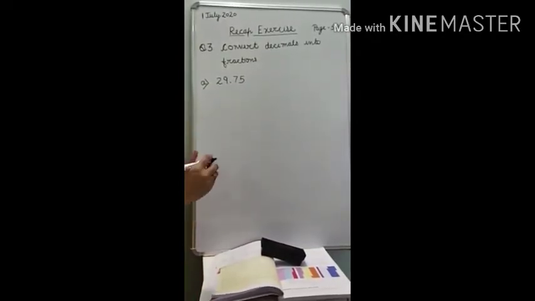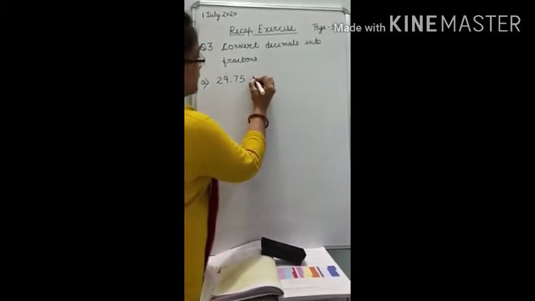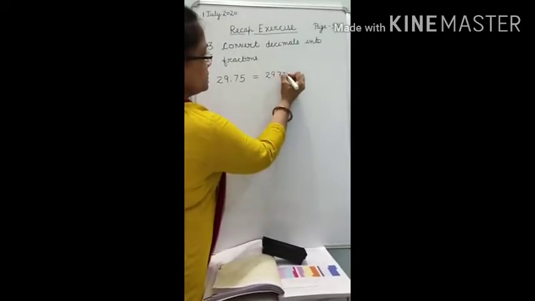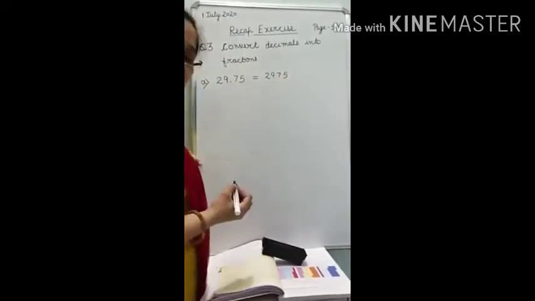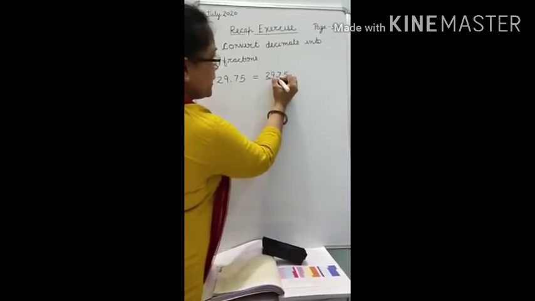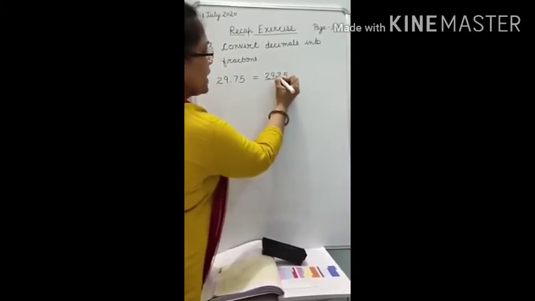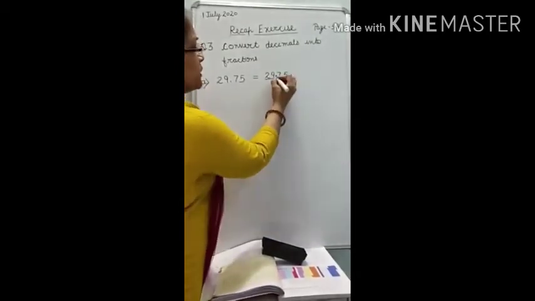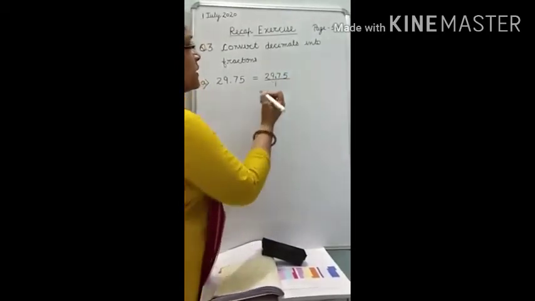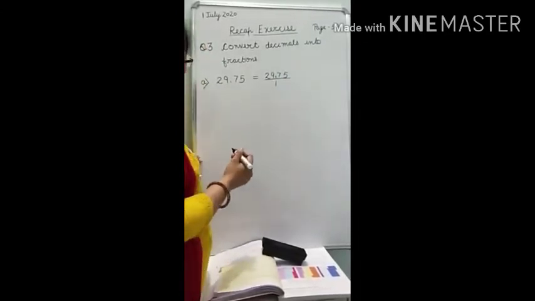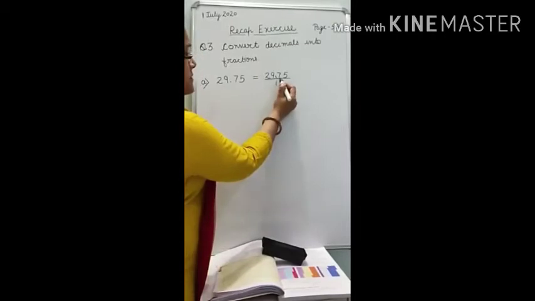The first method I am going to tell you, this is directly note down the number as such. Right, class? Note down the number, and in place of decimal, do it like this, that this will be removed. Just like this, removed. And put the 1 under this decimal point. Now count the number of digits after the decimal point.